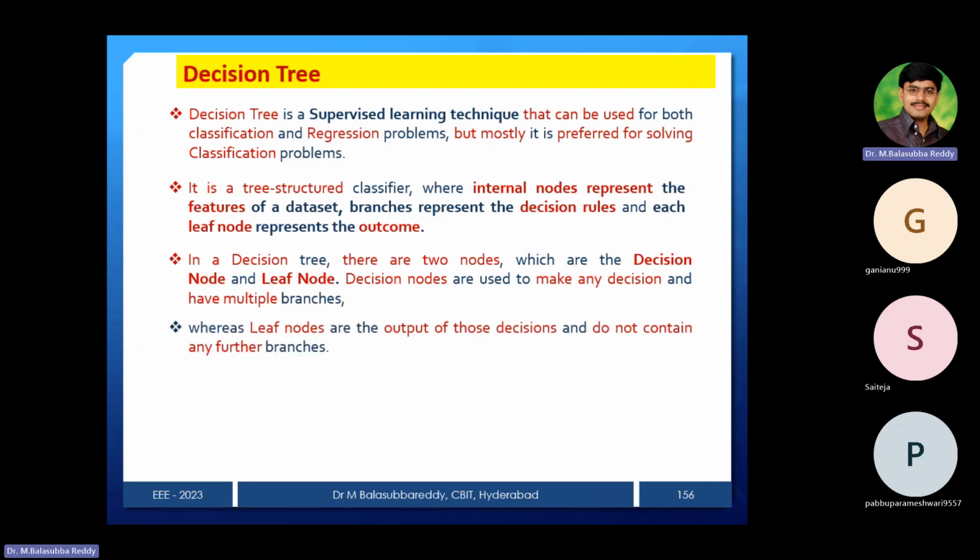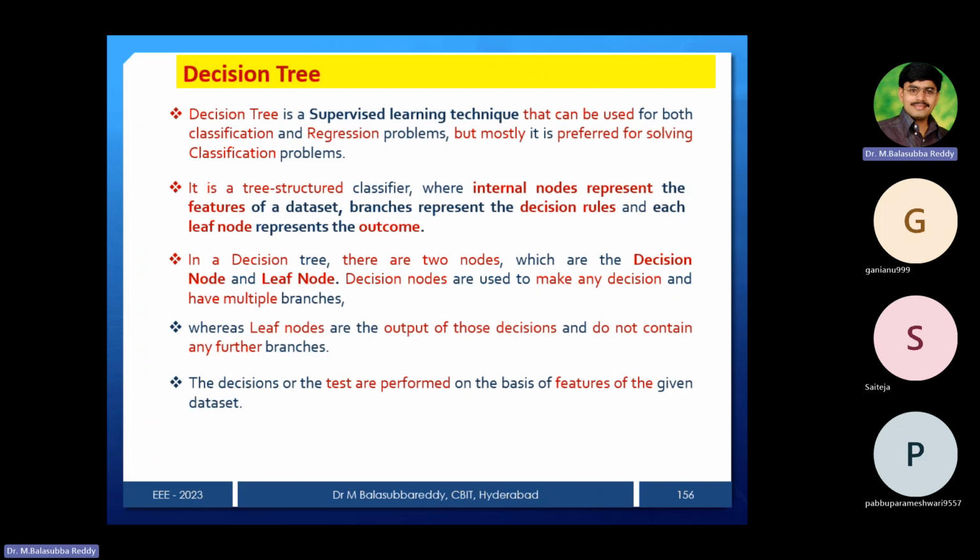Leaf nodes are the output of those decisions and do not contain any further branches. Once we reach a leaf node, that is final, and we don't have any provision to divide further.